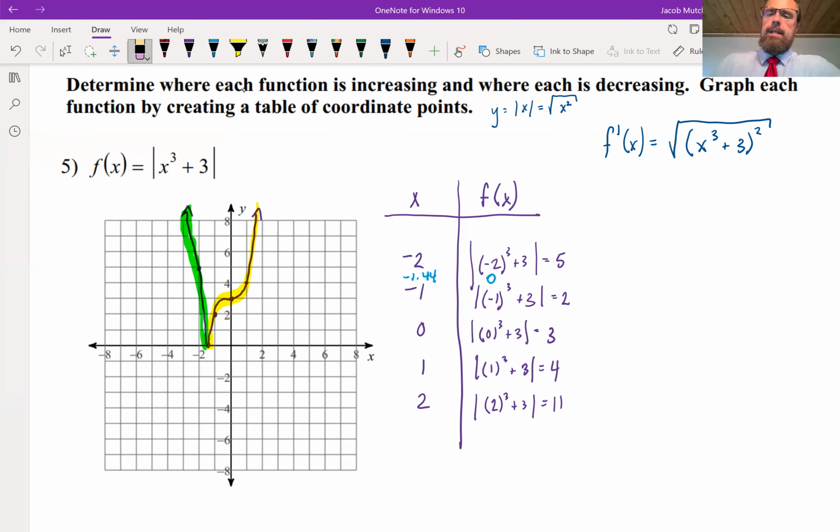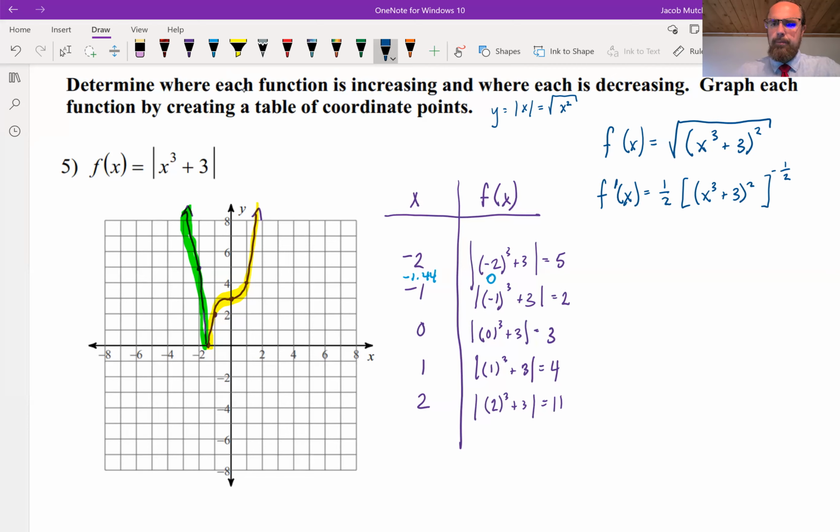And let me say that's not the derivative, that's the original function. So now let's take the derivative of this version. So this is going to be f prime of x equals, so I'm going to take the derivative of the square root. So that's going to be half as a coefficient times the base, which I won't change right now, x cubed plus 3 squared to the power of negative half.